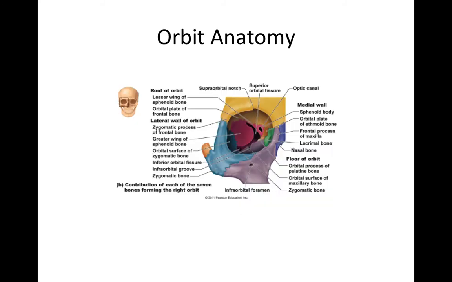Another aspect that's important to know is the actual orbit itself. Whenever you look at the orbit, it is composed of 7 bones.